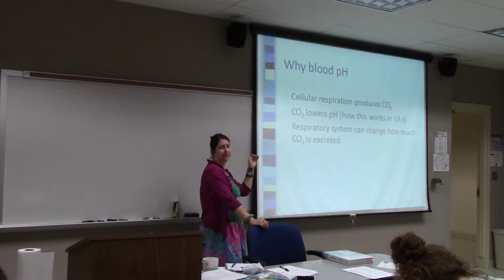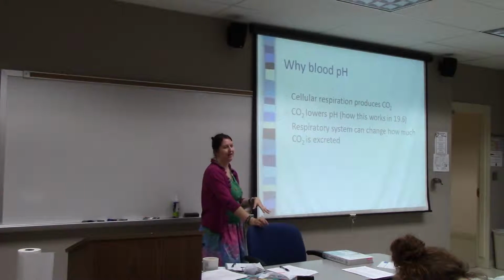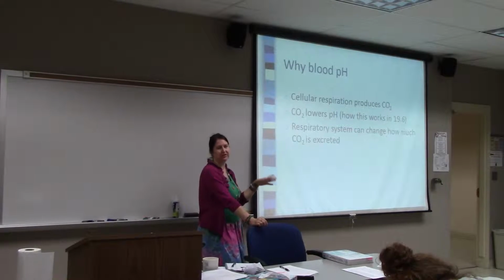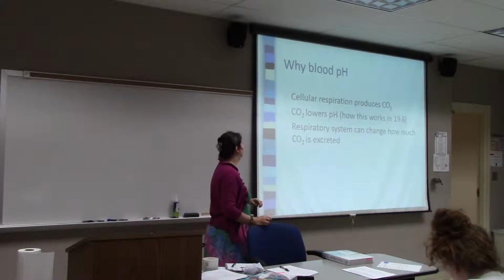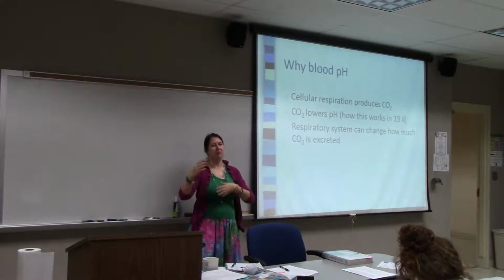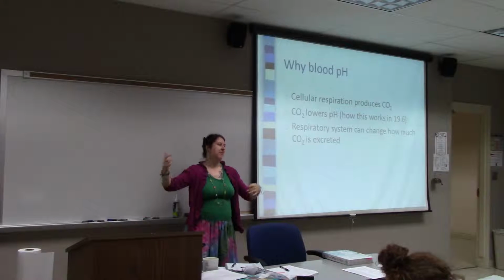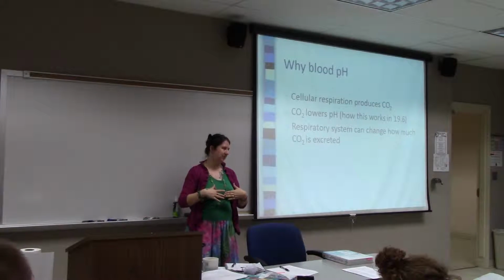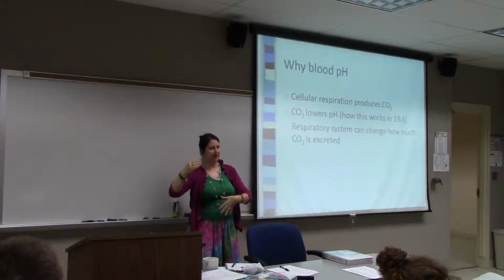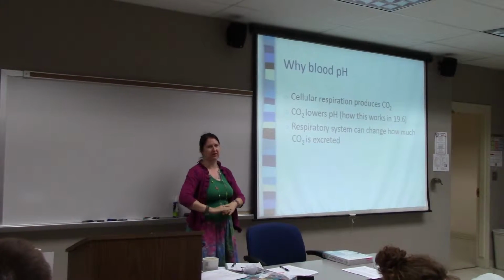The CO2 can lower your blood pH. How it does that is part of the way it's transported, which is the last thing we look at in this chapter. The respiratory system can change how much CO2 is excreted. The more you get rid of, the less acid it's creating in your body, so your pH goes up. The more you hold on to, it's there to make the acid, the pH goes down.